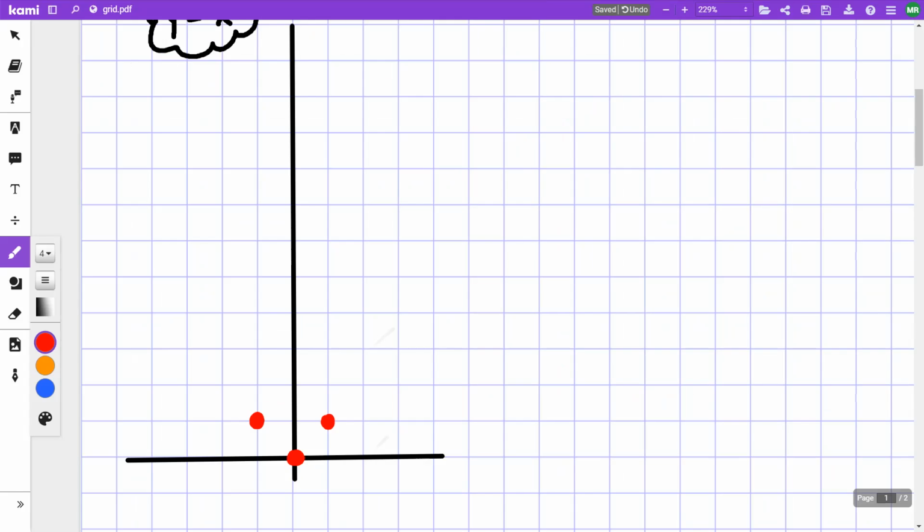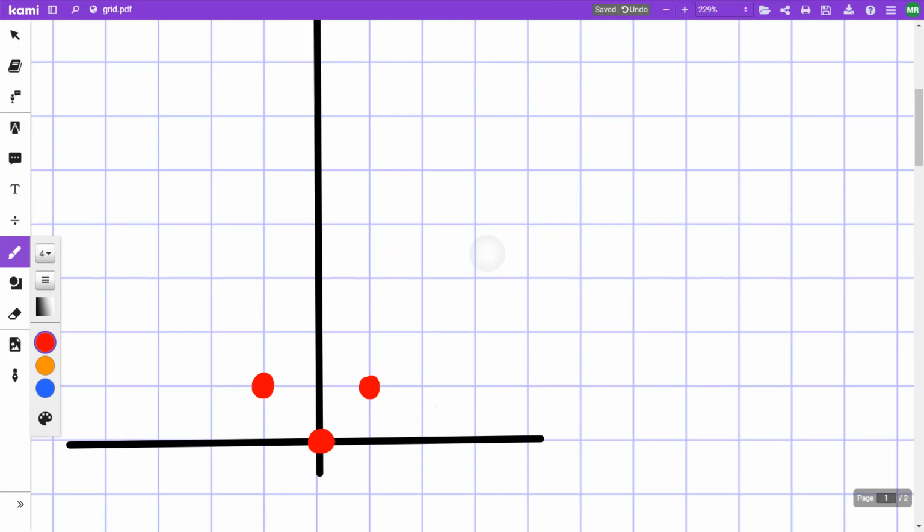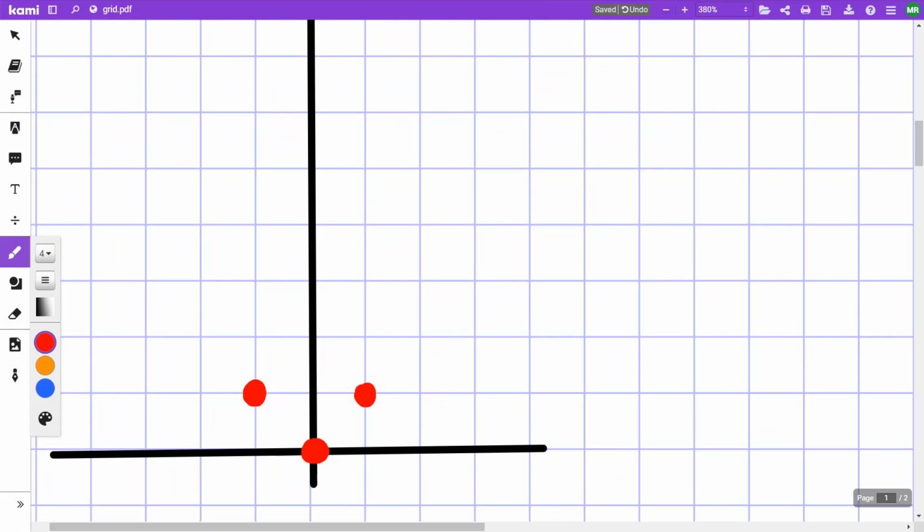I'm going to zoom in a little bit more so we can see the grid a little better. When I go out 1, 2, 2 squared is 4. So I'm going to go up 1, 2, 3, 4. And I'm going to go out 3, and 3 squared is going to be 9. So I'm going to go up 9.